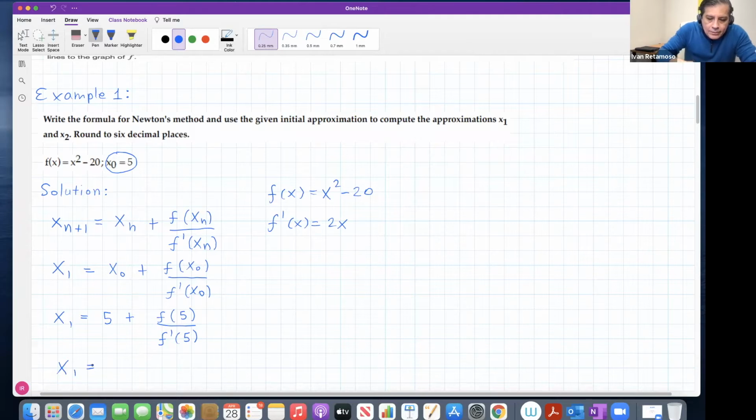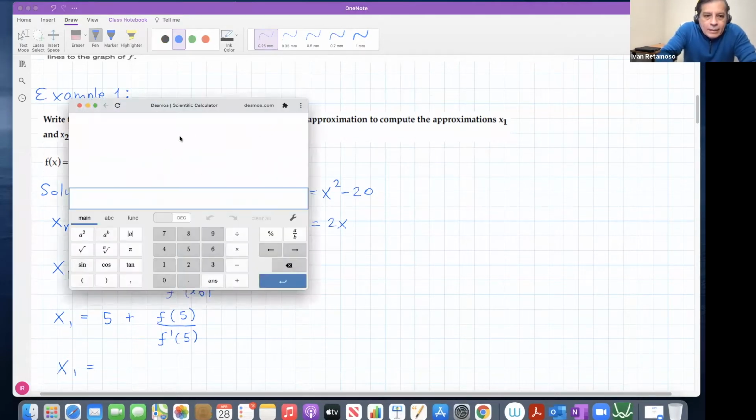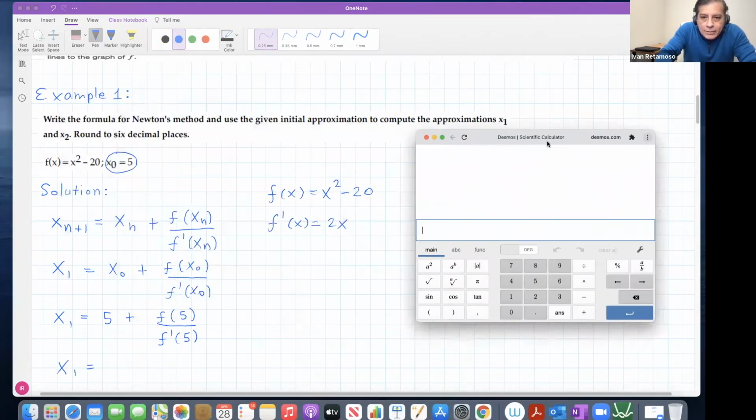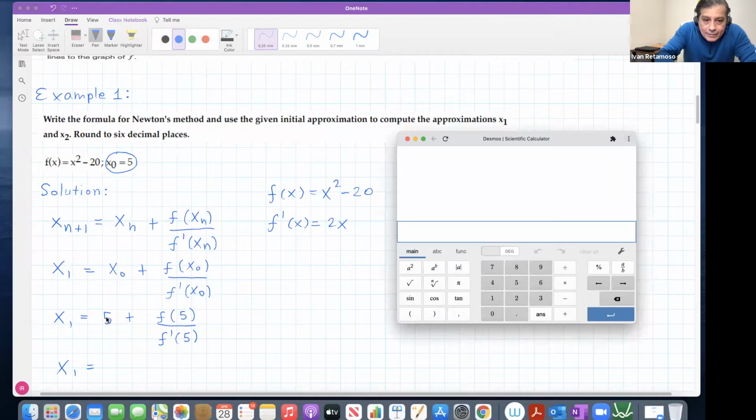I am going to use my Desmos scientific calculator and do that computation. I will show you how. I need to do this computation, 5 minus, then this fraction comes up, so I recommend that you click here on fraction. On the numerator, I am going to do the evaluation of this function at 5, but the function is x squared minus 20.